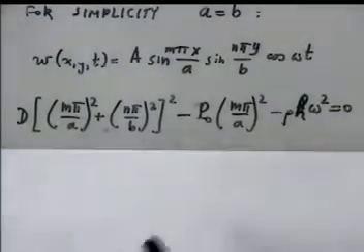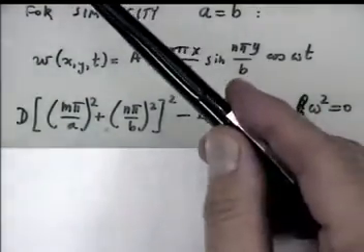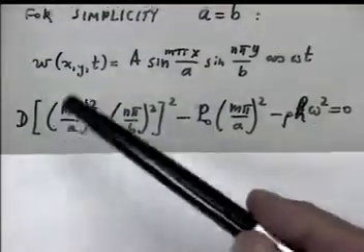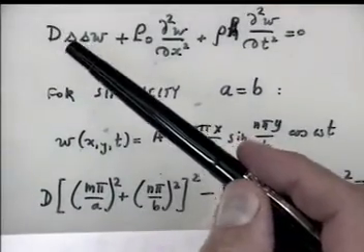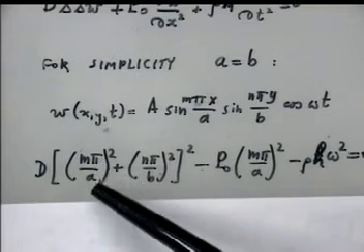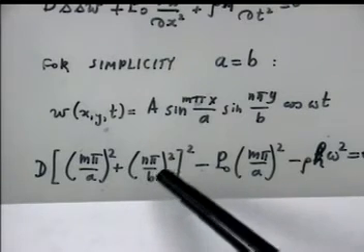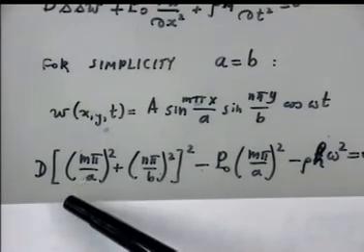Now, we substitute this expression into this differential equation, and we get del, that is Laplace operator, gives me m pi over a squared plus n pi over b squared with minus sign.